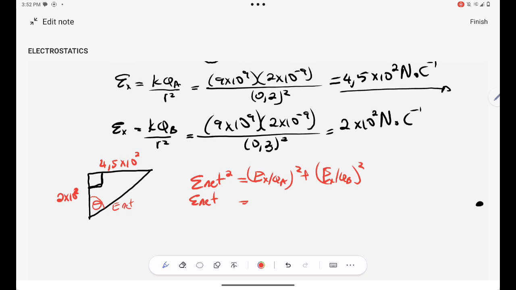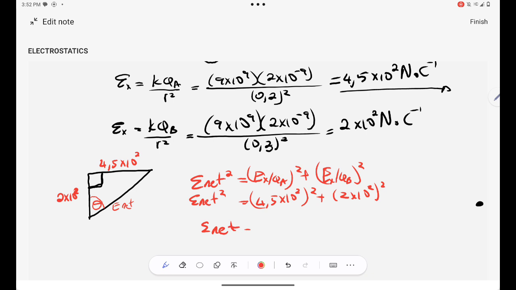E net is equal to 4.5 times 10 to the power 2 all squared plus 2 times 10 to the power 2 all squared. Therefore, I'll take the square root on both sides.